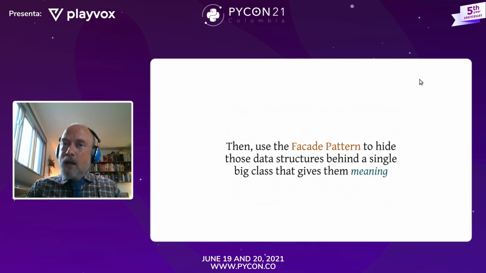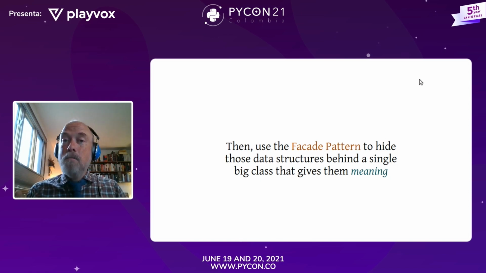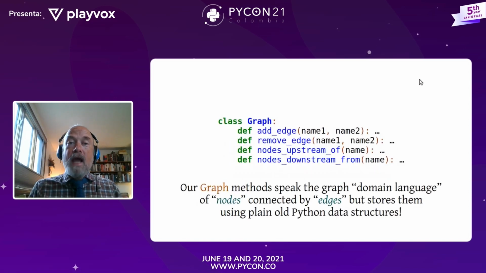Then, having composed our representation, we can use the facade pattern to hide those data structures behind a single big class that gives them meaning. You can have a class graph that speaks the language of add edge, remove edge, find the nodes upstream of, and the nodes downstream of another node.